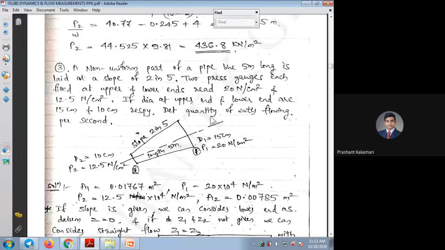They are asking determine quantity of water flow. So one can assume we can solve it by continuity equation. Yes, we can solve it by continuity equation because we know the area. But how to find the velocity? Now to find that velocity for continuity equation, we have to go by Bernoullis equation. That is the interrelation between this continuity equation and Bernoullis equation.